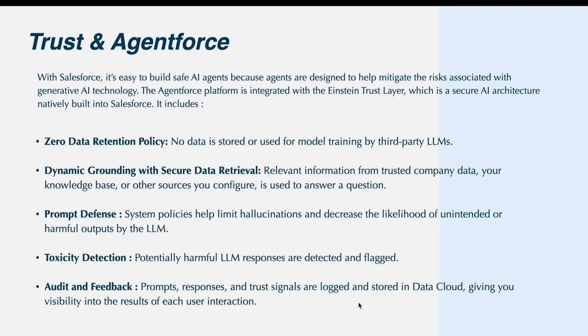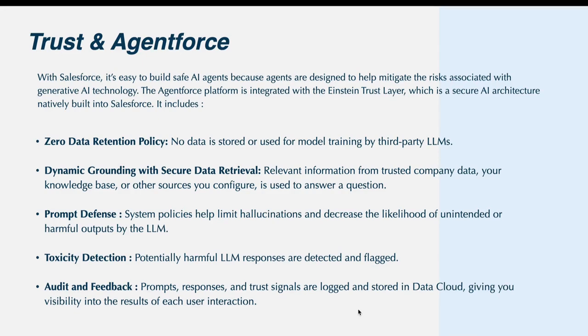And with audit and feedback, prompts, responses, and trust signals are logged and stored in Data Cloud, giving you visibility into the results of each user interaction, making it altogether a trusted and secure AI solution for your particular use case. We have explored some of the key points related to agents and Agentforce.